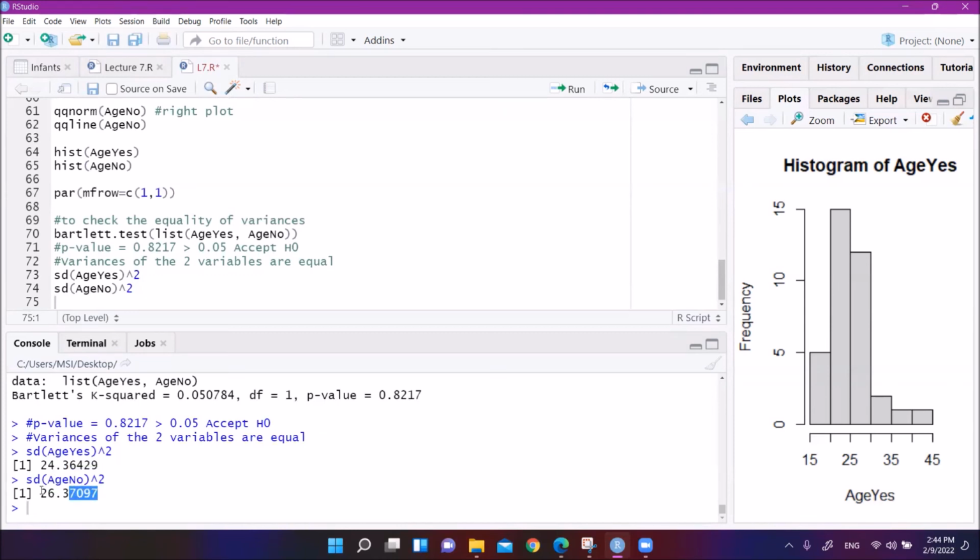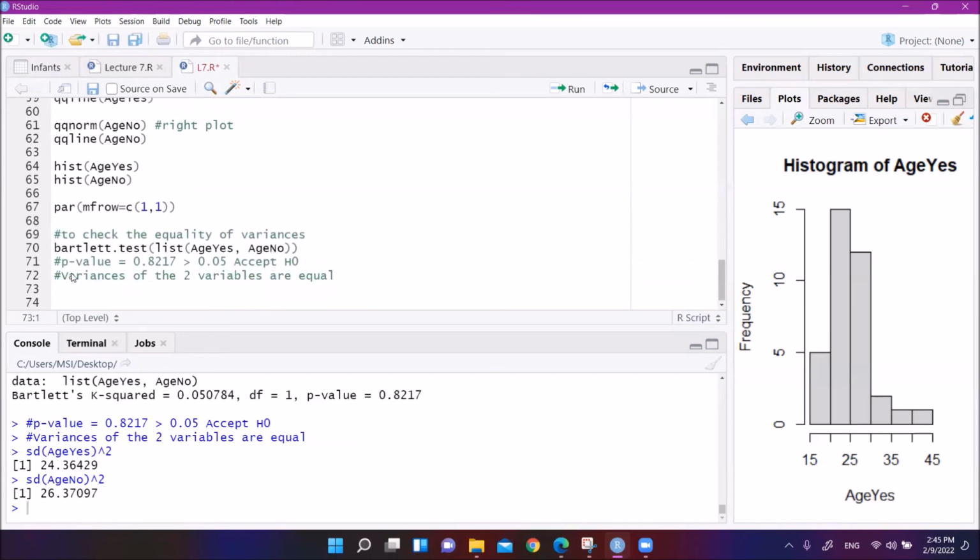So by looking at these two, you can't say whether they are equal or not equal. That is not what we are checking. What we check is whether the population variances of these two are equal or not. That is why we perform a separate hypothesis test for that, right? So doing this is not relevant.